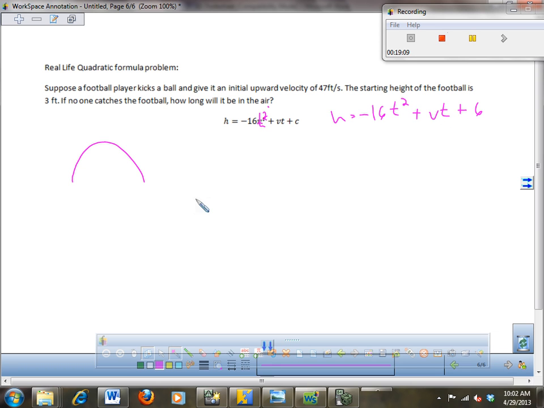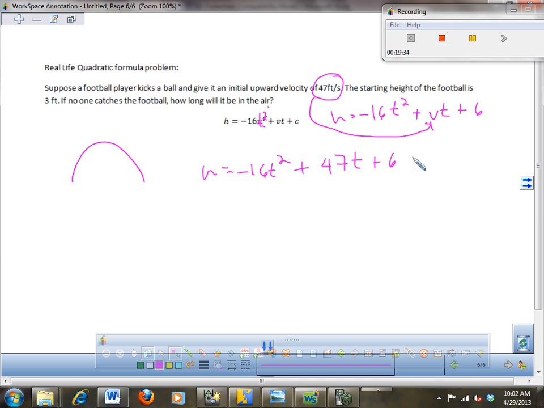That's a typo. Okay? So the only thing you have to change in this formula in this particular problem is your initial velocity. Okay? And so h equals negative 16 t squared plus 47t plus 6. And it says if no one catches the football, how long will it be in the air?